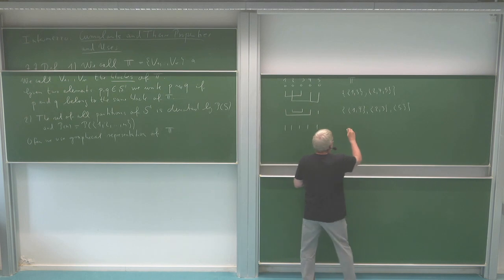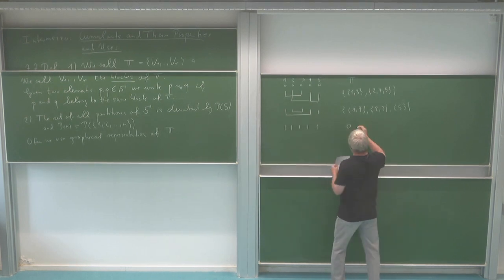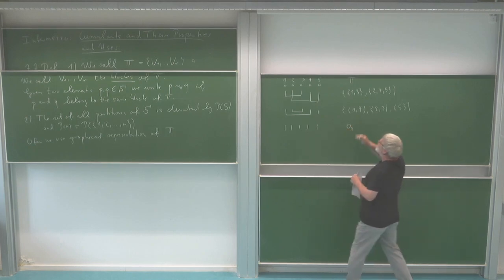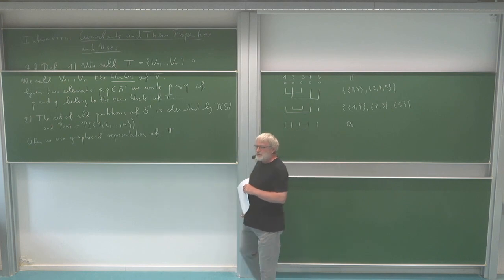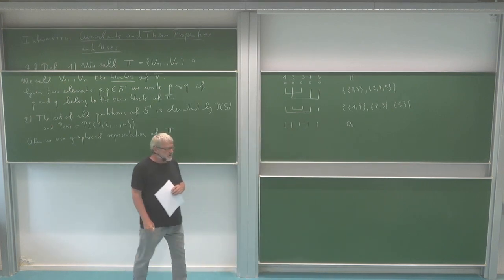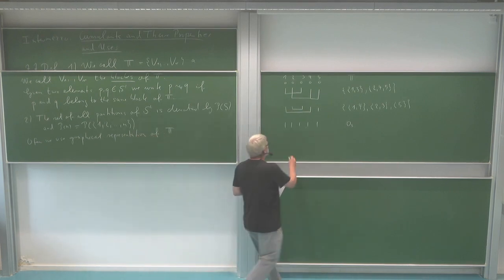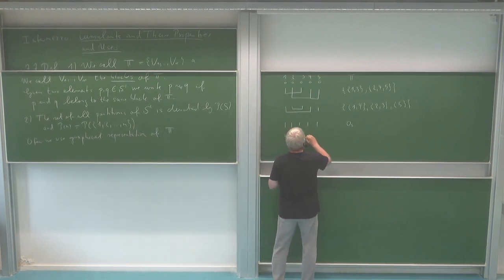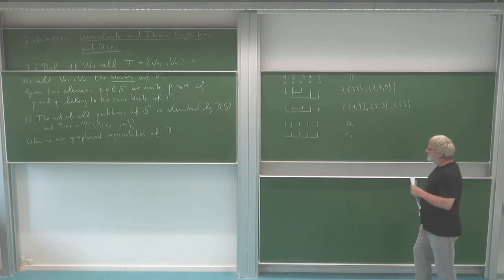This is the smallest one, so this is 0, and 0_n in general, but here it would be 0_5 because it's 5 elements. And the largest one, of course, is the one which contains as few blocks as possible, namely just one block where everything is connected. I call it 1_5.